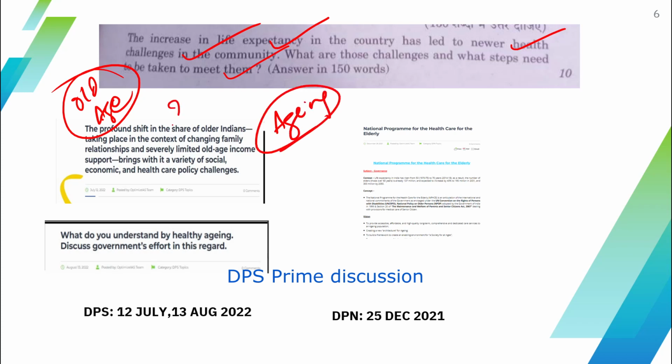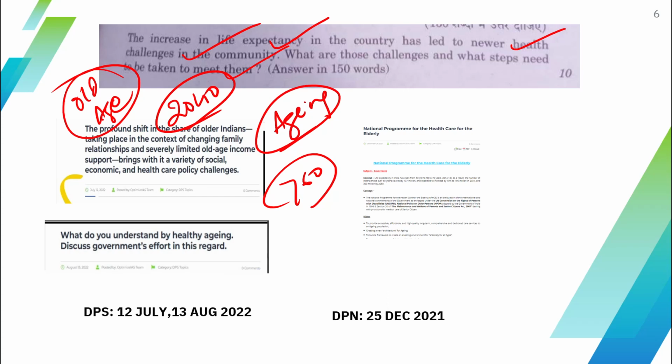According to some estimates, by 2040 a major chunk of the Indian population, I think more than 20%, will be above 60. So in this regard, we have to start preparing for effective social security for old age people. And out of that social security, the most important component is health security.